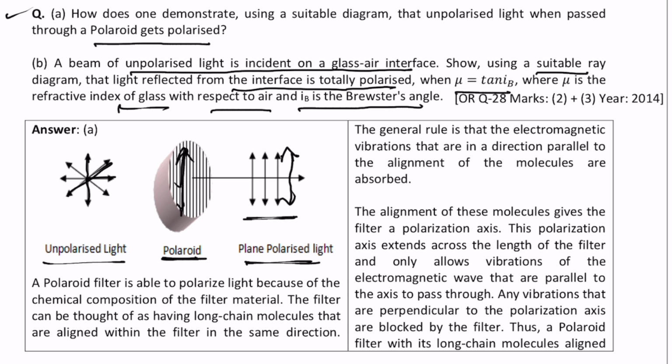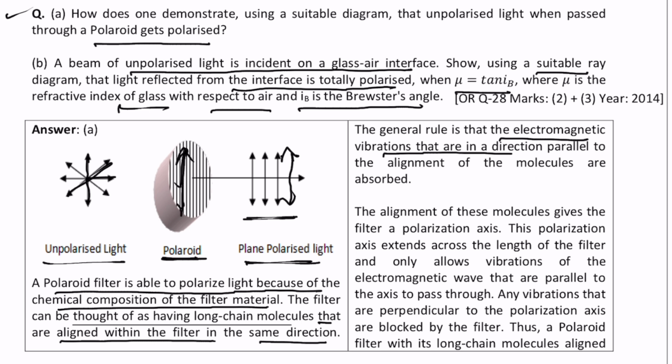Correct? So the Polaroid filter is able to produce polarized light because of the chemical composition of the filter material. The filter can be thought of as having long chains of molecules that are aligned within the filter in the same direction. The general rule is that the electromagnetic vibrations that are in the direction parallel to the alignment of the molecules are absorbed.